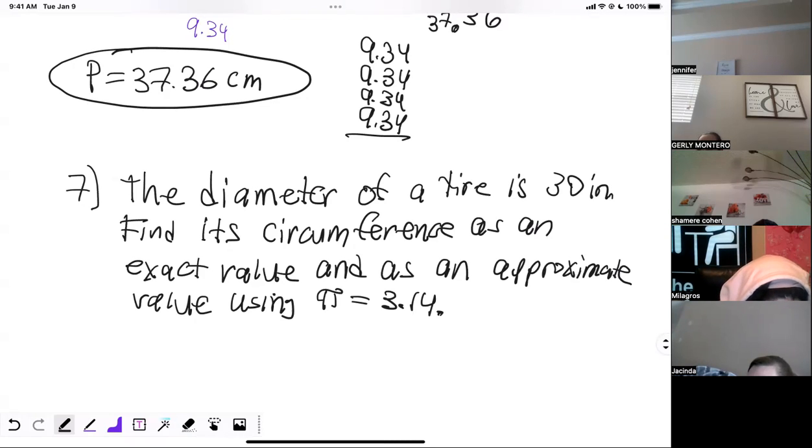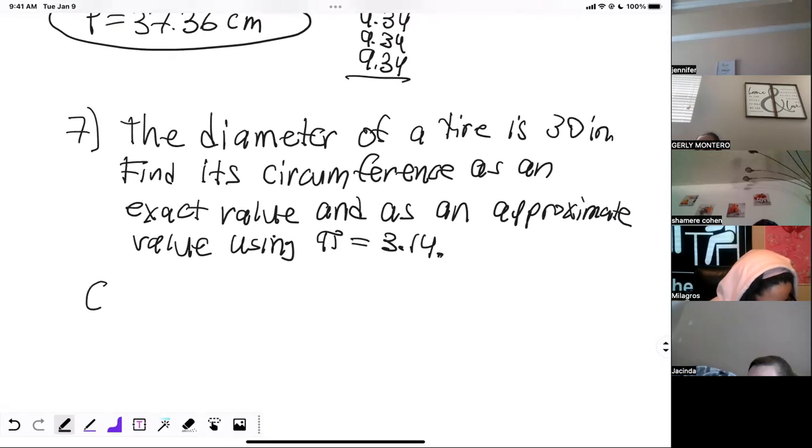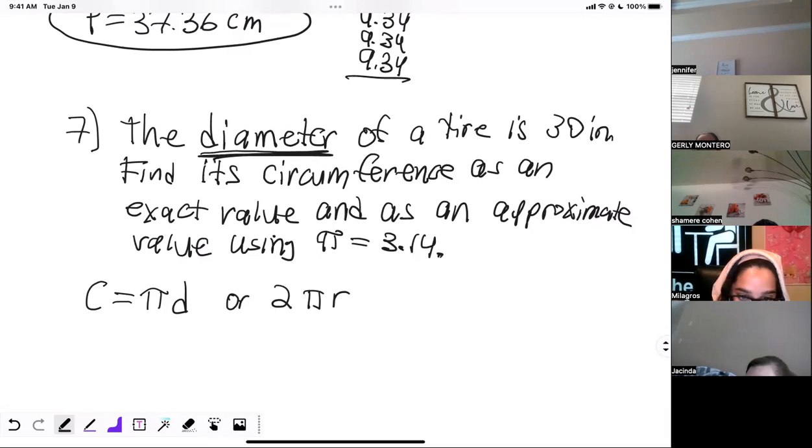The first thing is you have to know the formula for circumference. So circumference is either pi d, meaning pi times the diameter, or 2 pi r. Since they gave us a diameter, we're going to use this one, pi d.